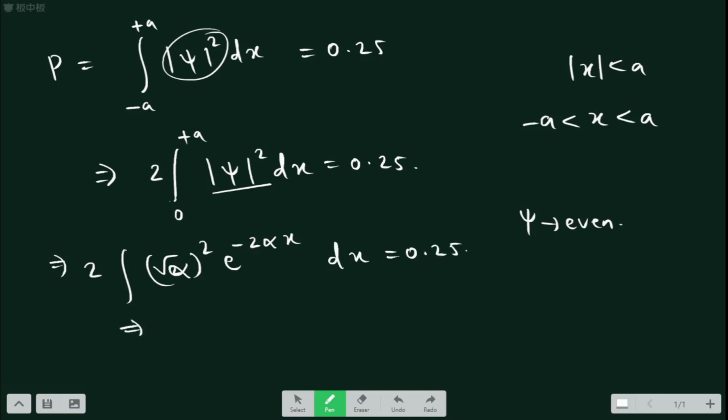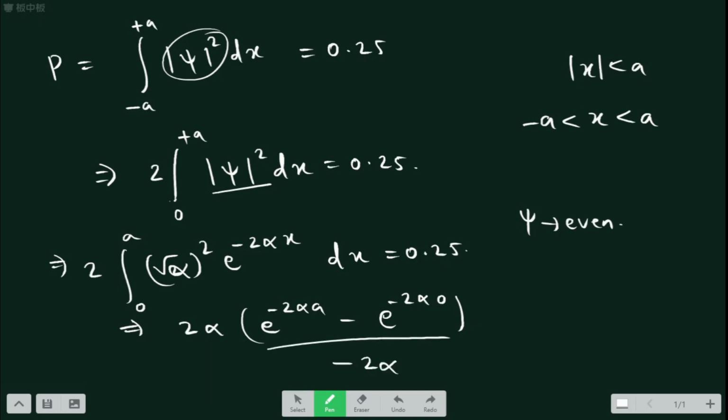From here we have limits from 0 to a. Therefore we have 2 alpha times e raised to minus 2 alpha a minus e raised to minus 2 alpha 0, divided by minus 2 alpha, is equal to 0.25.